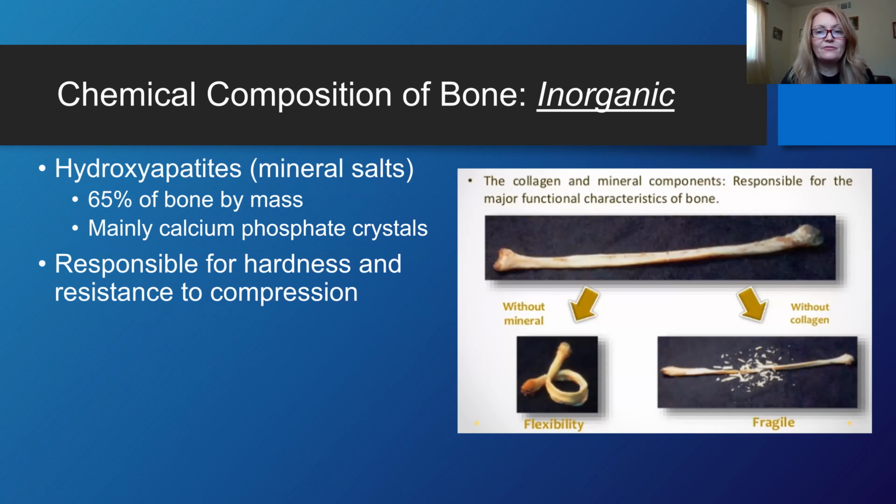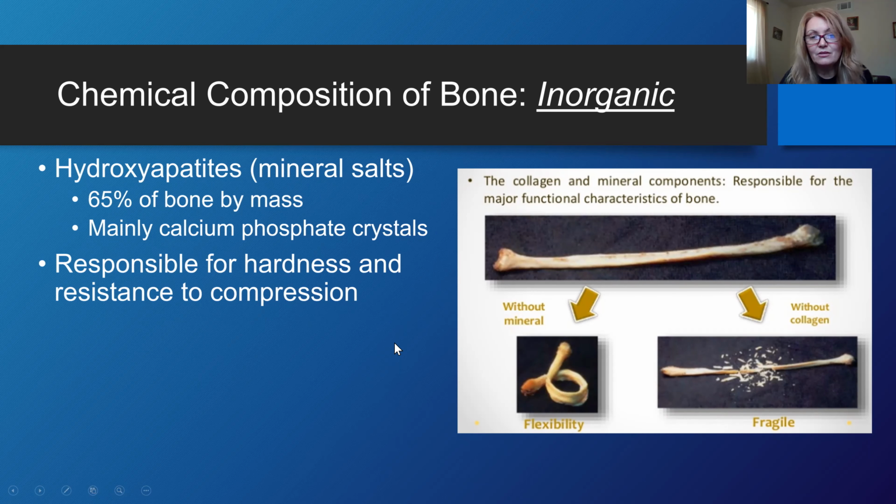And we have inorganic part of the bone, and those are mineral salts, mostly calcium phosphate crystals that are called hydroxyapatite. And these hydroxyapatites or mineral salts make up 65% of bone by mass. And they're responsible for hardness and resistance to compression.